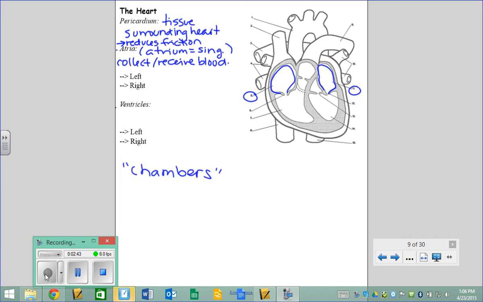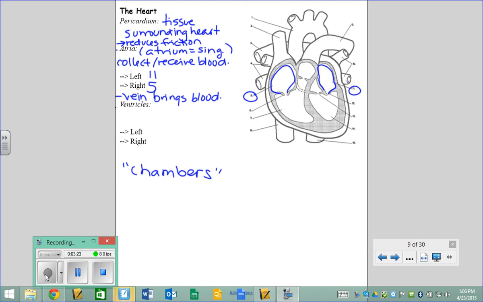So your left atrium is number 11, your right atrium is number 5. Now atria collectively always have a vein that brings blood to them. So there will always be a vein attached to the left and the right atria. They're the first spot that blood goes when it enters your heart.